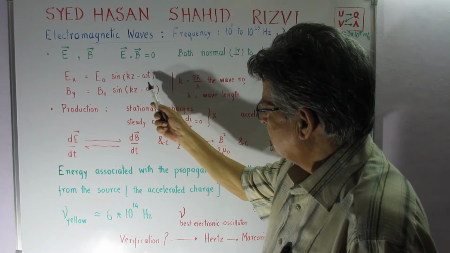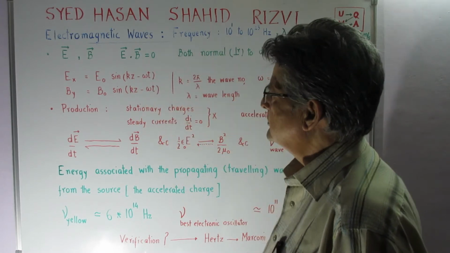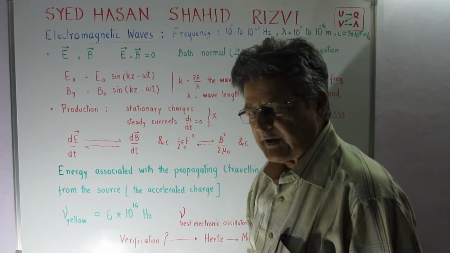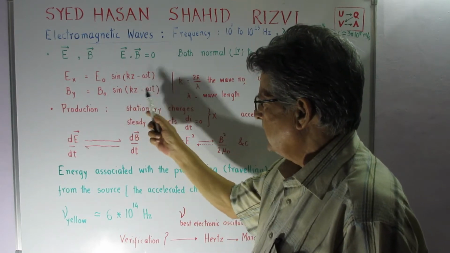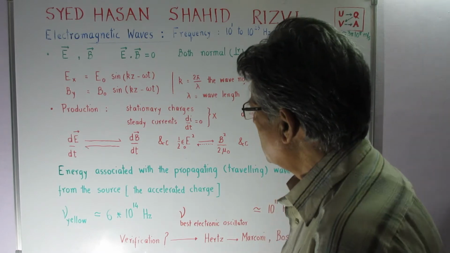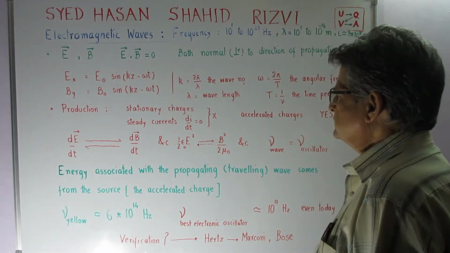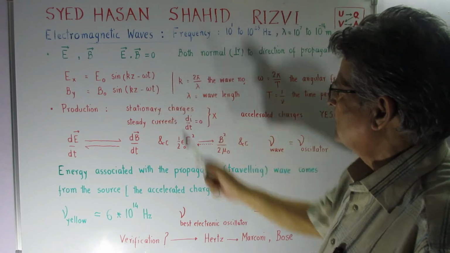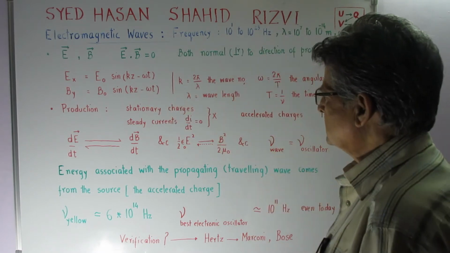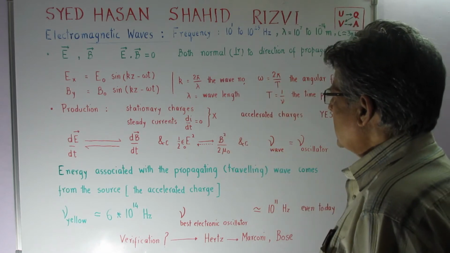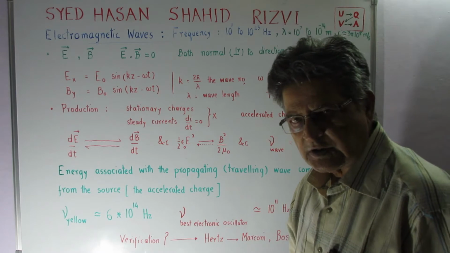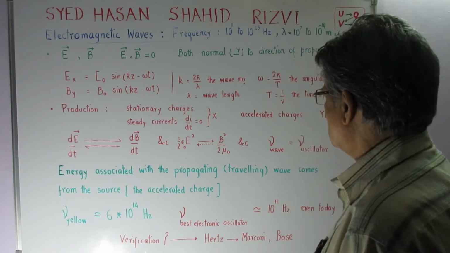In the phase of the sine, we don't have any expression of x or any expression of y. So let's see that this k over here is 2 pi upon lambda, called the wave number, lambda is the wavelength, and omega is equal to 2 pi upon capital T, the angular frequency or the angular velocity, however you want to call it.